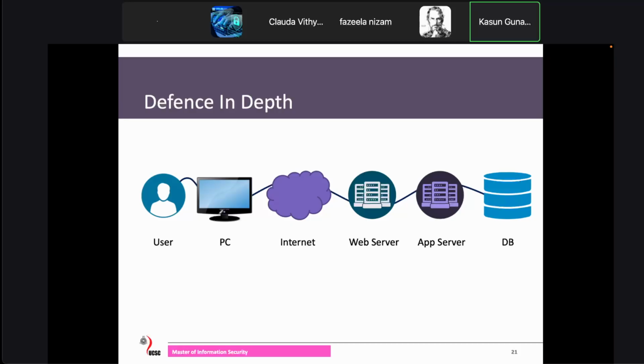And then the network level, we can go with firewall, and then at app server level and web server level, we can go with firewalls. And in the database level, we can go with encryption. So there are wide variety of activities or wide variety of challenges we can pose for the unintended user. So this will avoid single point of failure where bad guys will not have a single gate to open.